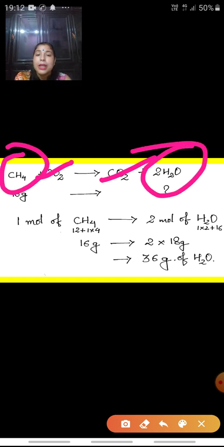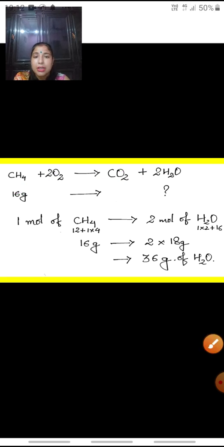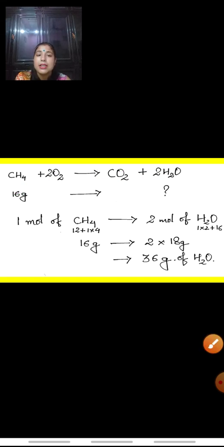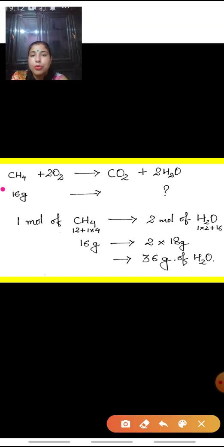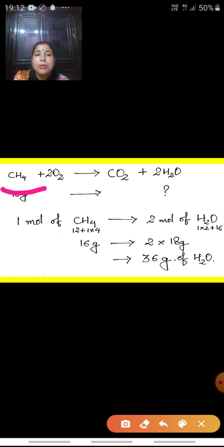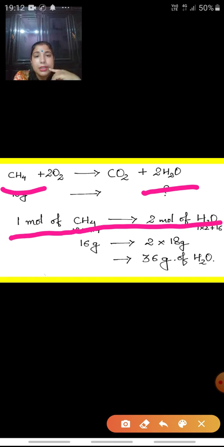Now see, according to the given chemical equation, you all can see that only 1 mole of methane produces 2 moles of water. So we can write 1 mole of methane gives, this arrow is for gives, 2 moles of water.